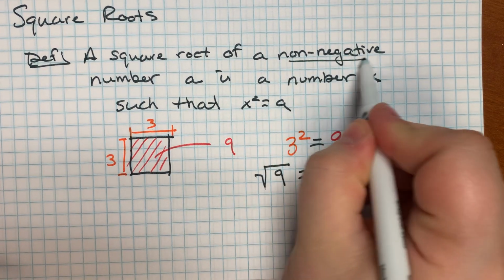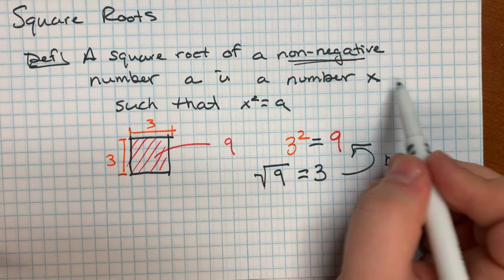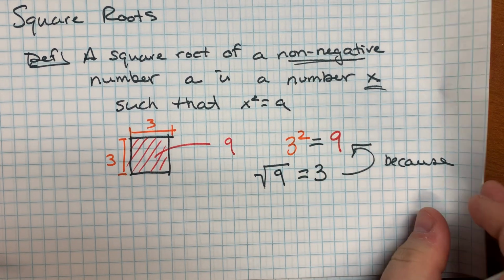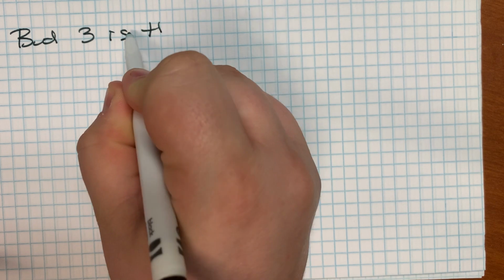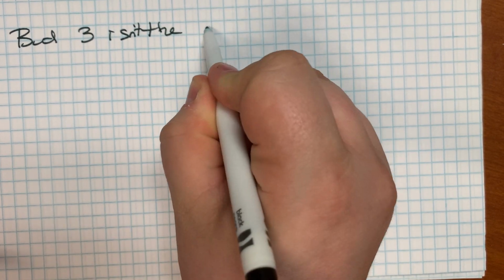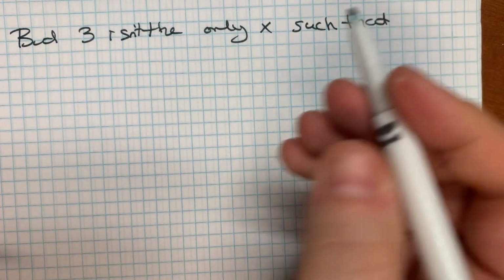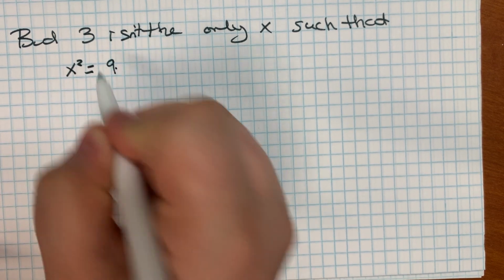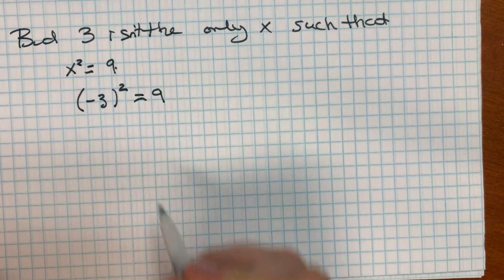Here we said non-negative: the non-negative number x such that x squared equals a is the square root. But 3 isn't the only x such that x squared equals 9. Negative 3 squared is 9.